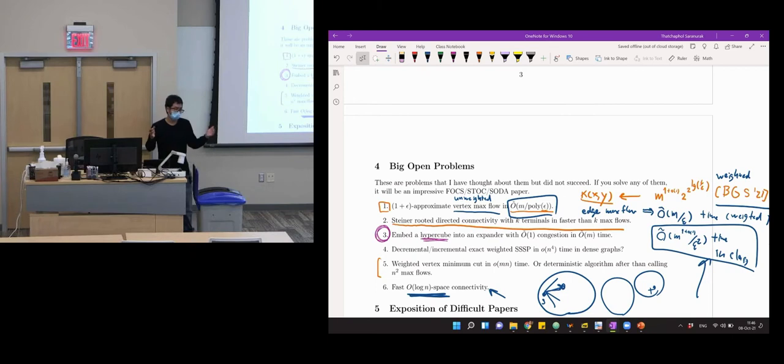An arbitrary expander is good too because it's well connected. But hypercube is very sparse actually. It has only n log n edges, but it is very well structured too. So let me tell you one example why it is good.